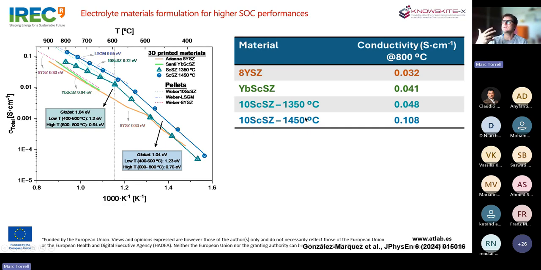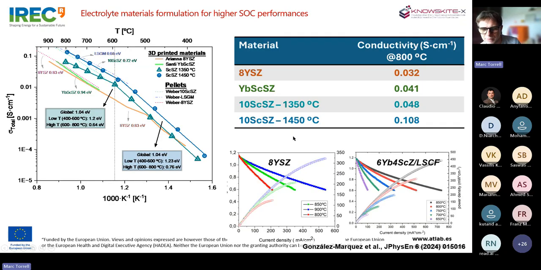This means that once we can scale up the printing of these materials, we can multiply and multiply our performance either in fuel cell mode or in electrolysis mode. As you can see here, we multiply by 3 the ionic conductivity from the 8YZ to the Scandia zirconia.